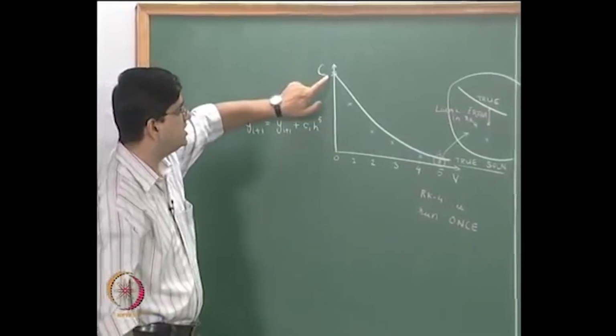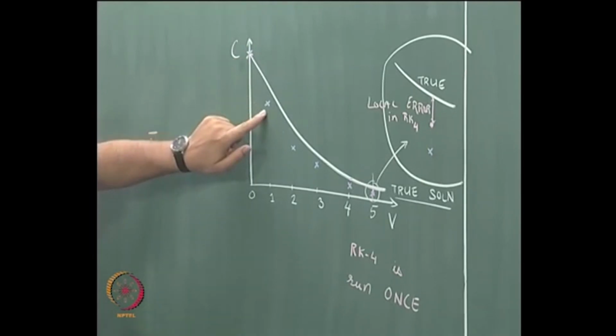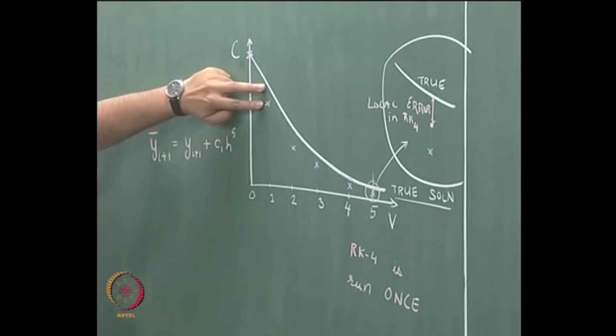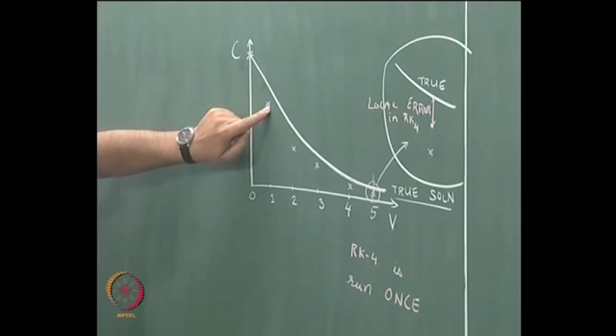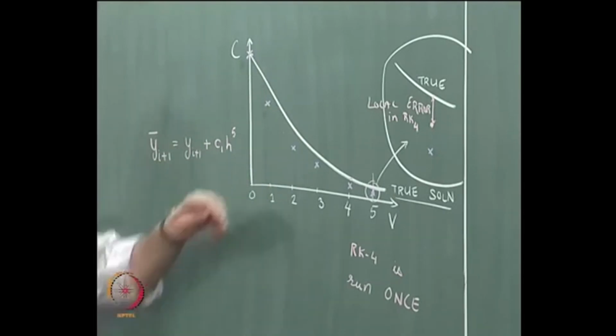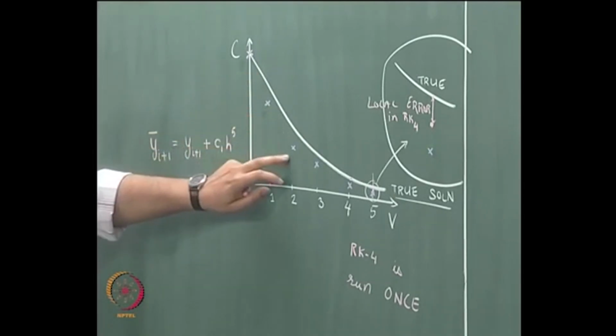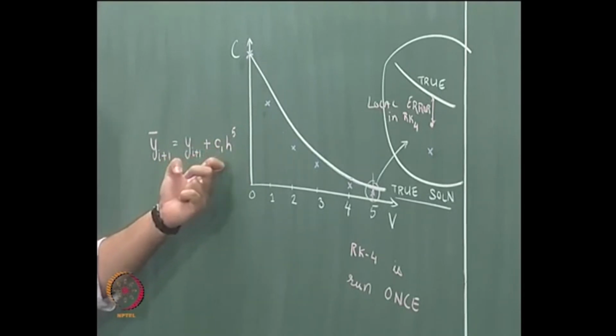Now when we started with C at V equal to 0, we went from C0 to C1. So when we went from C0 to C1, there was a local truncation error associated with this value of C1. When we then go from this numerical value to the next numerical value, there will be some error associated with the fact that the numerical method is not accurate. This has certain error itself.